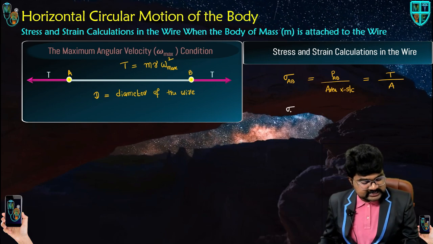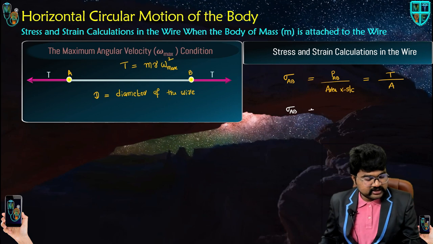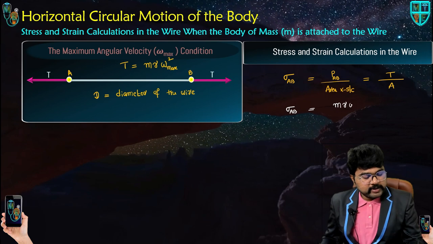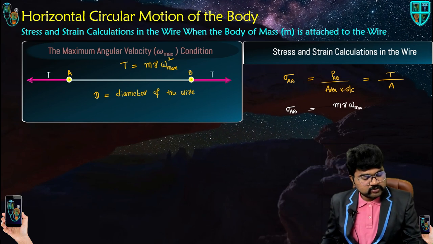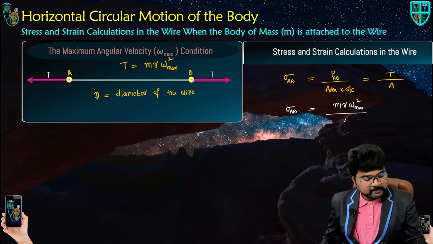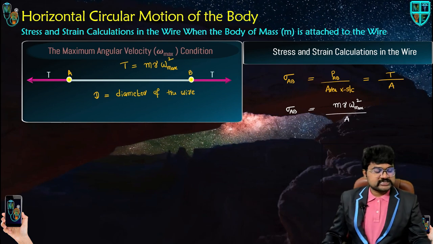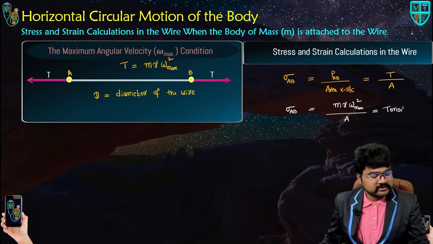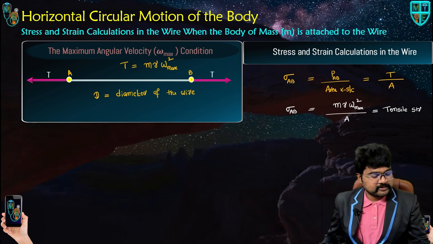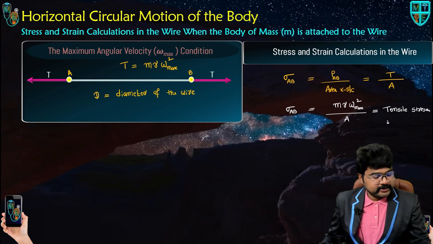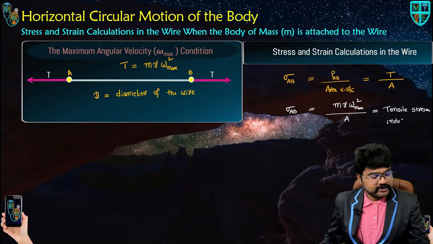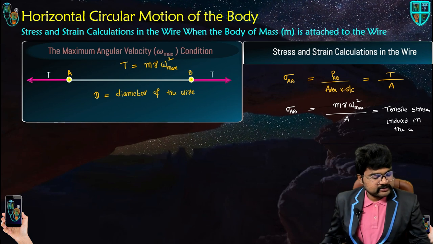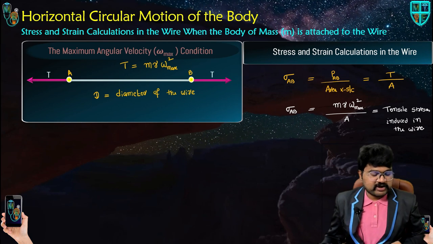Finally, the tensile stress induced in the wire is, what is the tension? M R omega maximum square by A. This is the tensile stress induced in the wire.